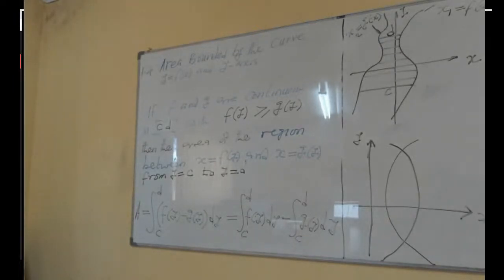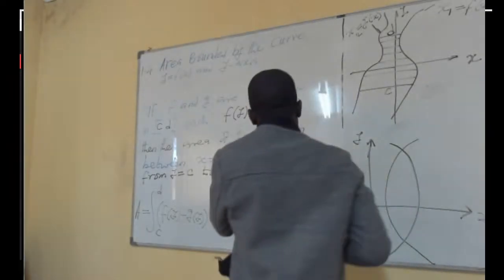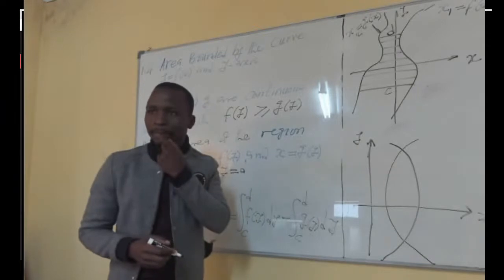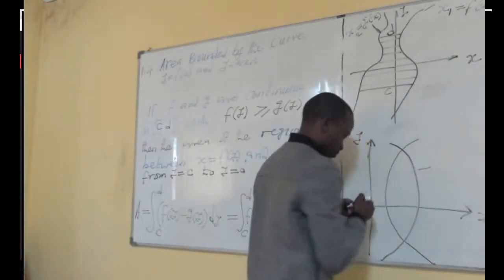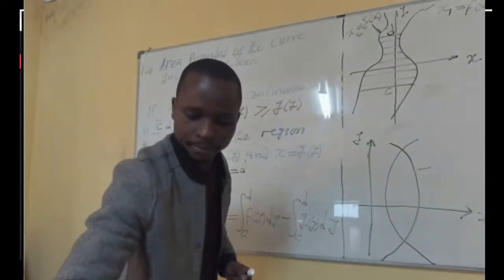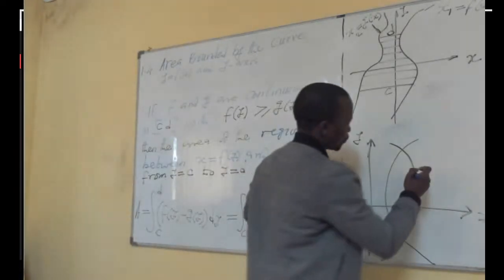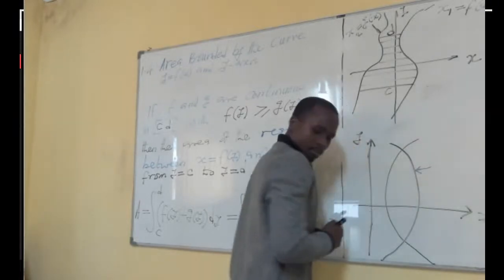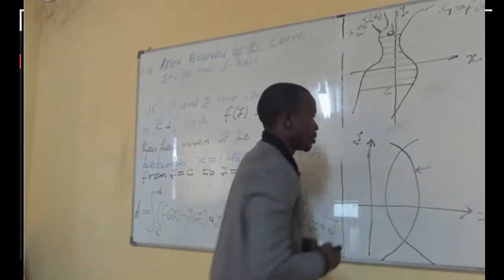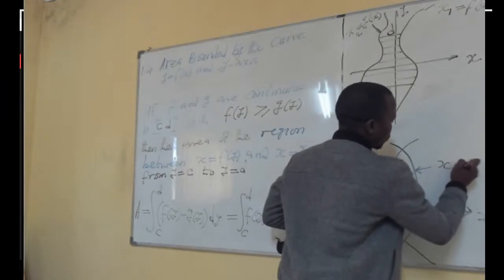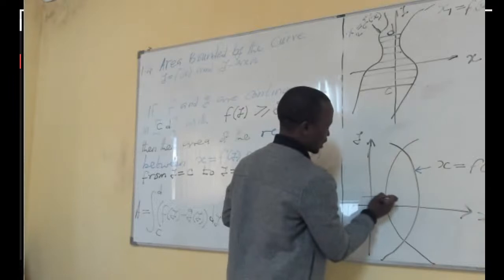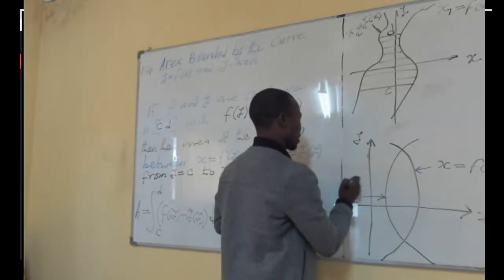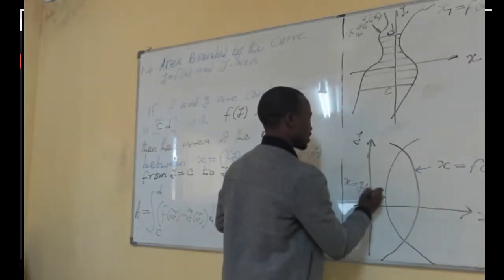So in this region, what you can do is, this part becomes our x, which is equal to f of x, and the one which is on the left hand side becomes our x, which is equal to g of x.